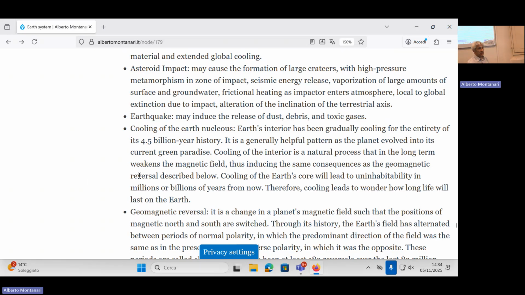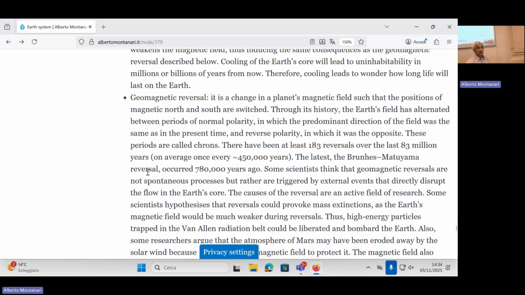And geomagnetic reversal is another thing that is not considered. You may know that it happened in the past, and it may happen also in the future. And it will not cause human extinction, but still, it's something that is still unknown. I'm saying that it will not cause human extinction because scientists proved that in the past, when it occurred, this didn't cause a big disruption of the ecosystems chain, and therefore we assume that it's something that will be disturbing, but not causing human extinction.